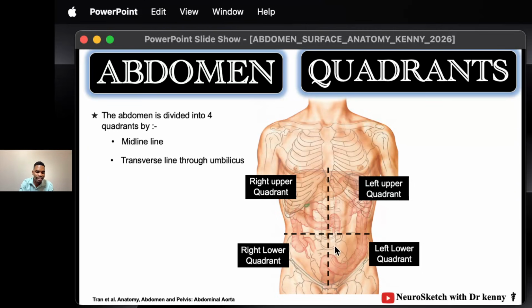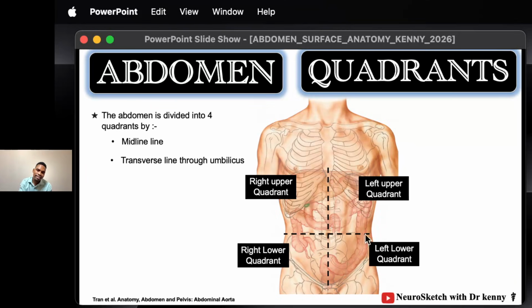The horizontal line is the transumbilical line, a transverse line through the umbilicus, dividing the abdomen into 4 equal quadrants: the right upper quadrant, the right lower quadrant, the left upper quadrant, and the left lower quadrant.